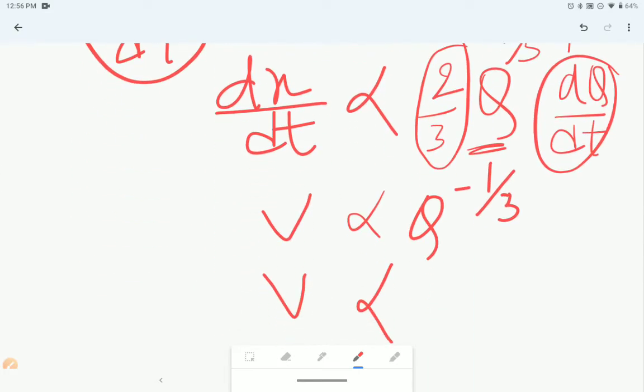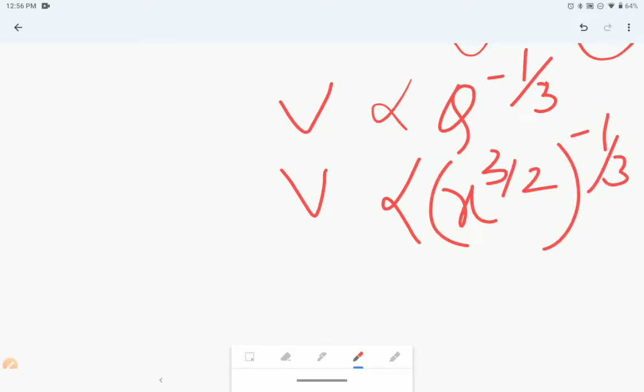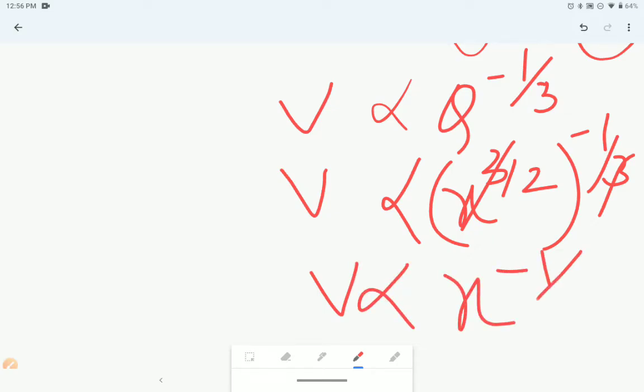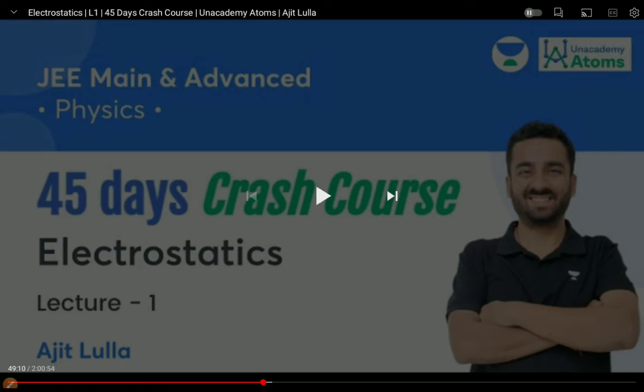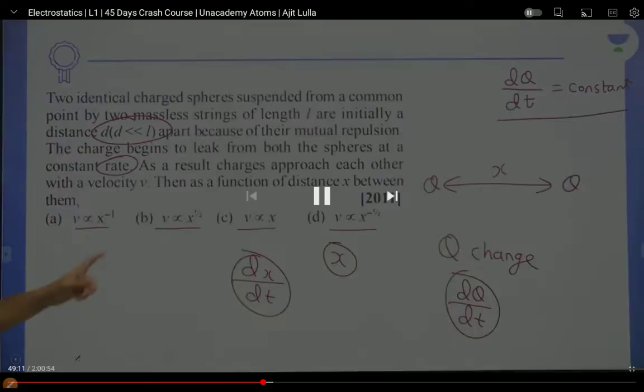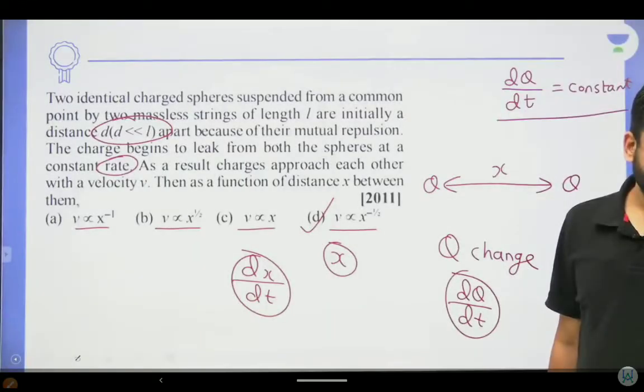So v is directly proportional to x power 3 by 2 to the power minus 1 by 3, the 3 cancels out, and v is directly proportional to x power minus 1 by 2. So this is our answer. Our correct answer is v proportional to x power minus 1 by 2. This is how we solve this question.